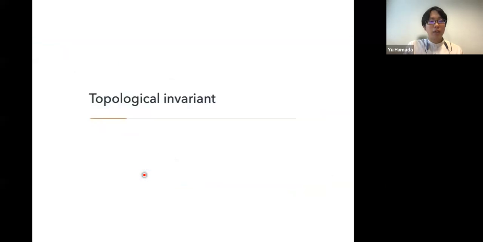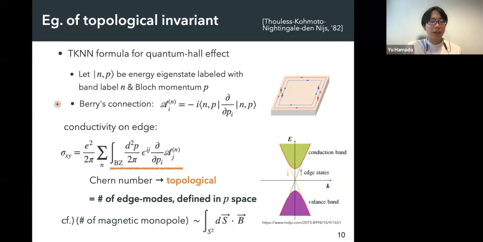Okay, so let me explain the topological invariant. A topological invariant is sometimes very convenient in condensed matter physics. Let me give one well-known example. This is called the TKNN formula, named after these people, and this is for the quantum Hall effect.